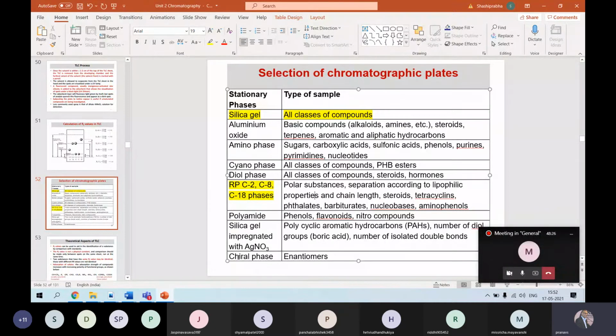One can do hundreds of samples in a box of silica gel TLC plates, which is not the case with other techniques. So silica gel still remains the preferred choice of TLC plates for separating different classes of compounds in TLC.